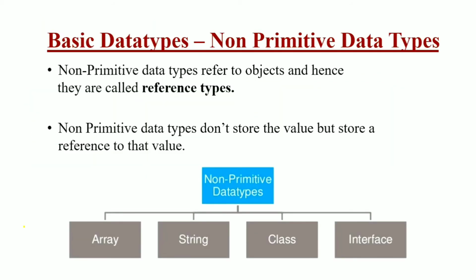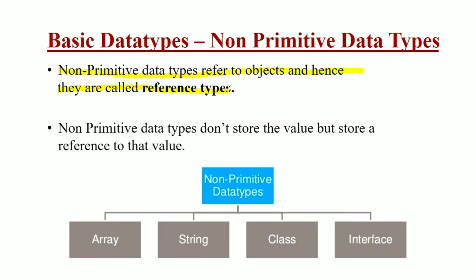Now what is non-primitive data type? Non-primitive data types refer to objects, and hence they are called reference types. So actually non-primitive data types are defined by the programmer.